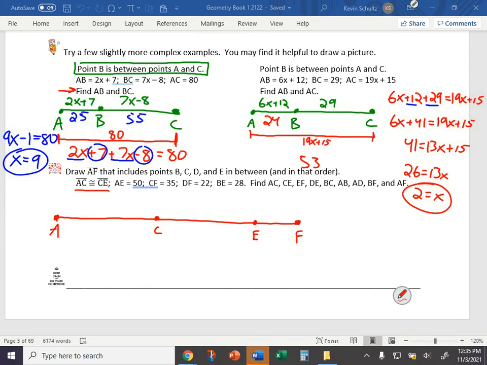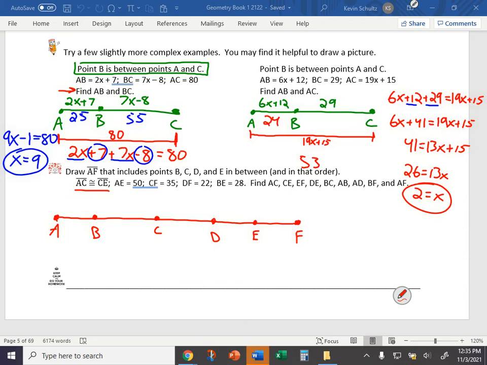So I can at least get reasonable positioning here, because I know that the points go in A, B, C, D, E, F order. And if AC is congruent to CE, that means that point C is between A and E, right? B and D, I don't know where they go. I'll put point B there, we'll put point D here. Maybe that's accurate, maybe it's not, but at least it's in between where it should go.